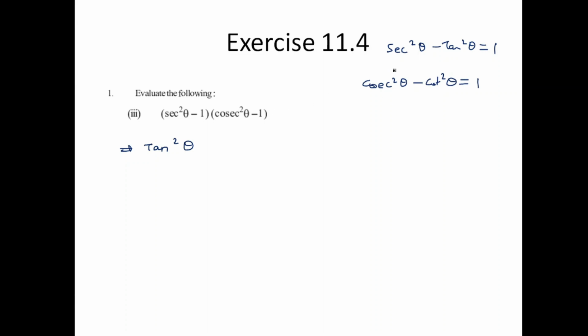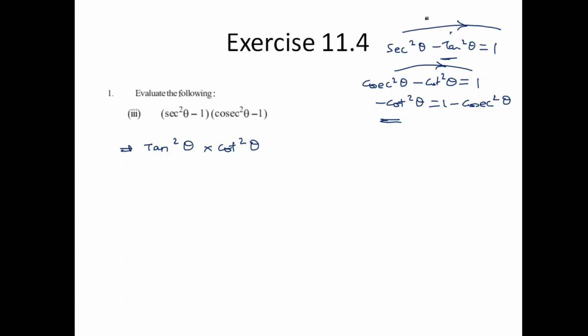Means, see, when I'm shifting this one to the other side, both are left out. I have left out only 1 minus cosec square theta, isn't it? So instead of that one, I can write here directly cot square theta. Similarly, this one also, when we are shifting this one to the other side, only this is left out.